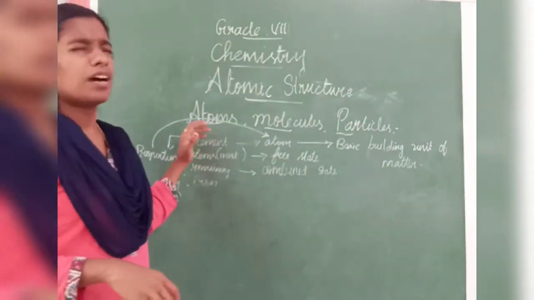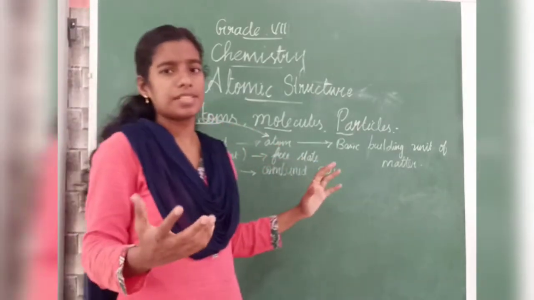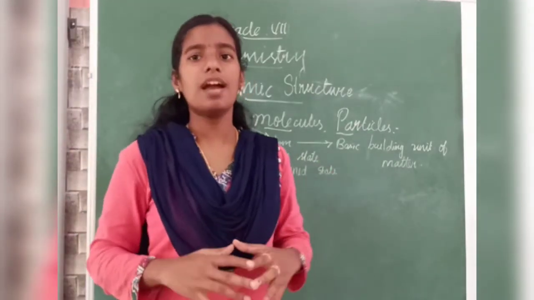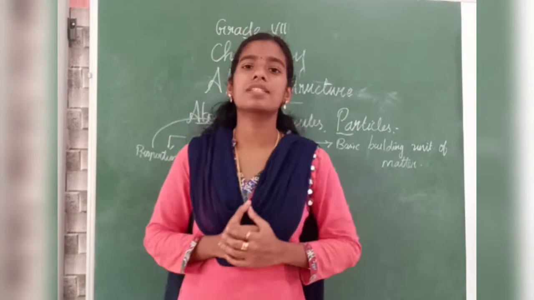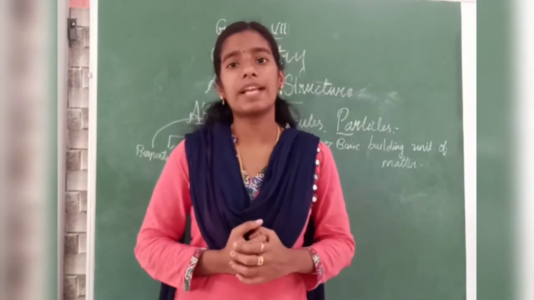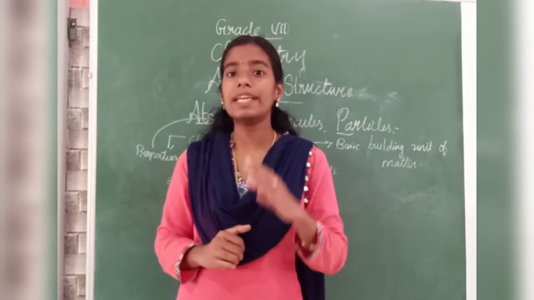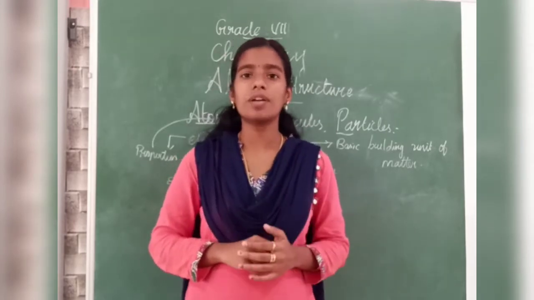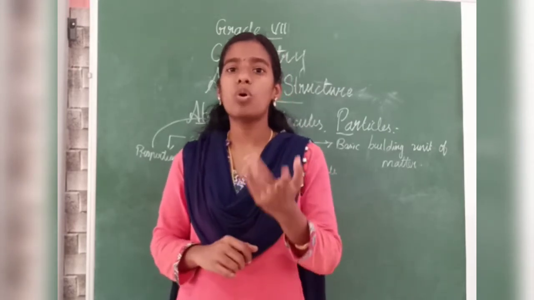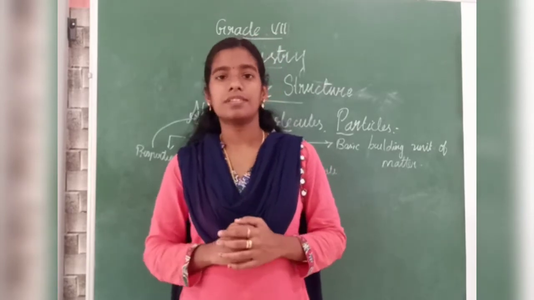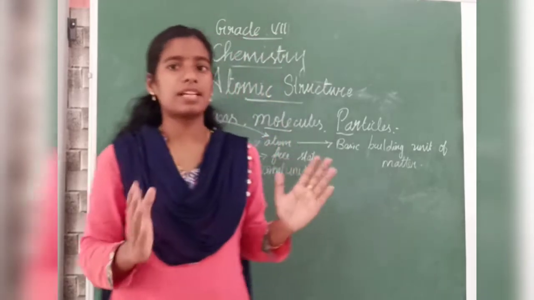Next, when you consider elements, many elements we have learned. Totally 118 elements we have learned. Out of that 118 elements, some of the elements, especially inert gases, are xenon, boron, krypton, radon. These are some of the inert gases.